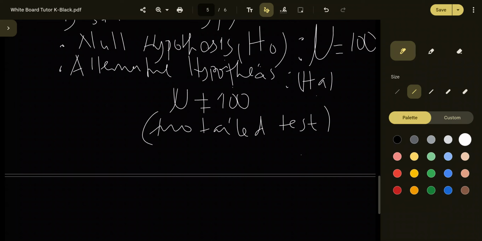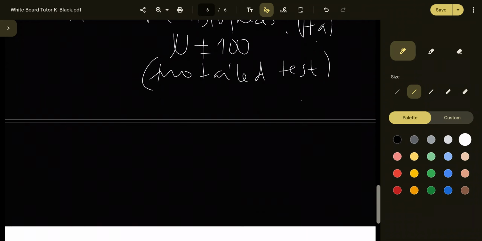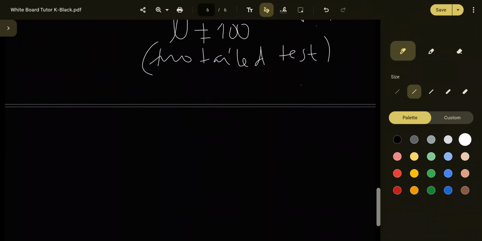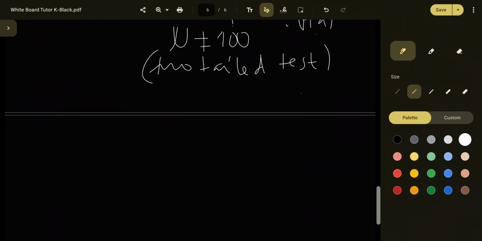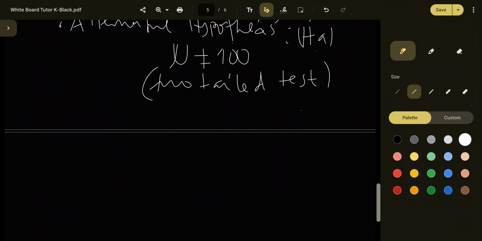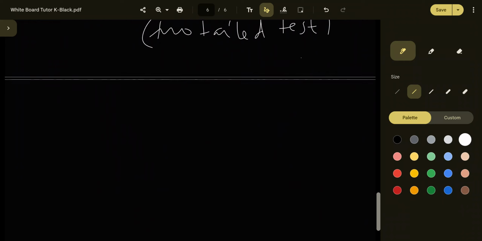If it specifies something, maybe they tell you the population is at least this or more than this, that is a one-tailed test. But in this case, it doesn't specify anything, so we're simply determining whether the IQ for the population of 100 differs. So this is a two-tailed test.